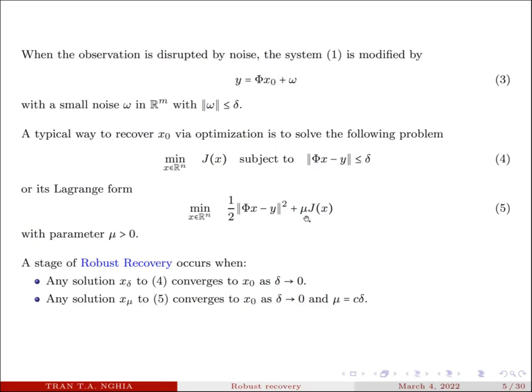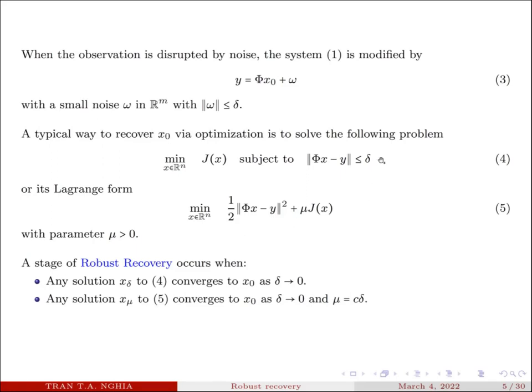Okay, but let's go back to the original question: if we solve problem 4 and problem 5, can we get back X naught? That is the point of this talk. The answer is yes, but it is a state of robust recovery. It's possible to do so.